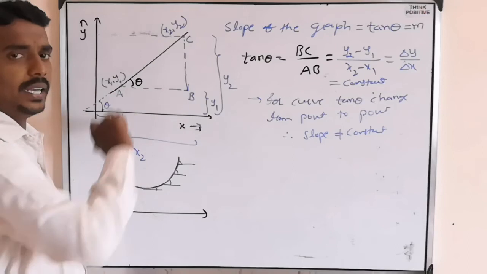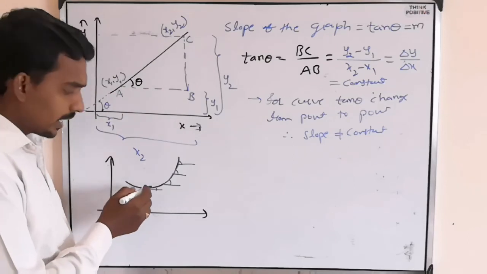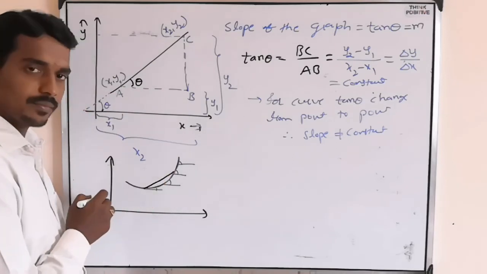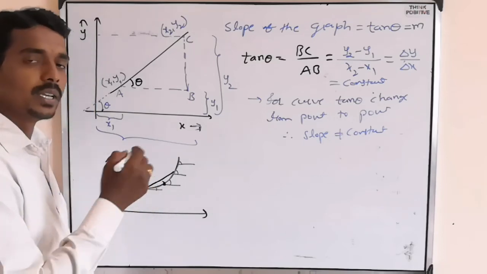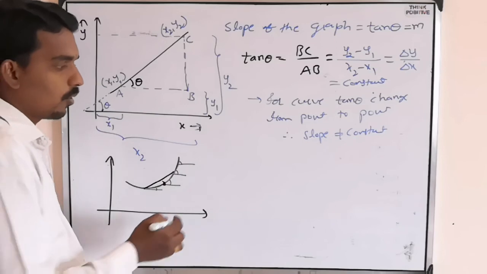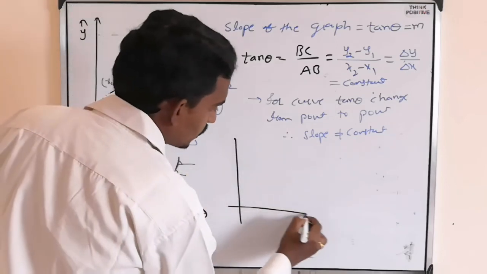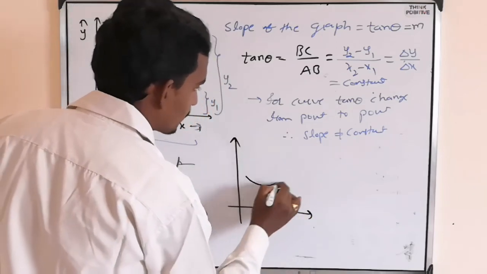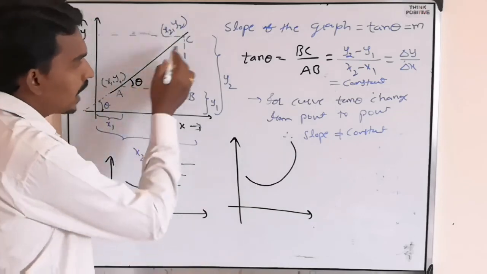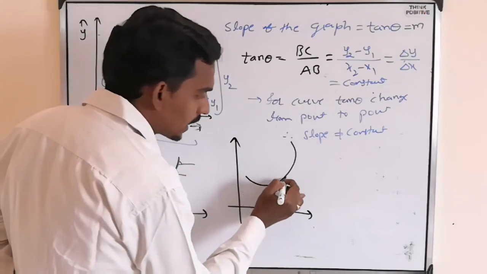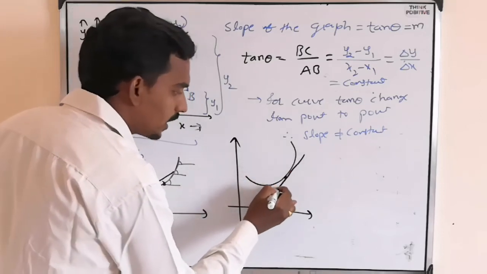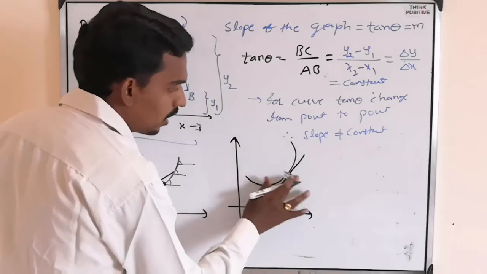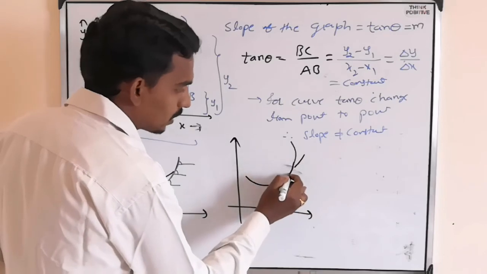Here we can take any 2 points. But here you cannot take any 2 points, so at any point the slope is different from the other point. That's why if you take a curve, instead of taking 2 points, you will take only 1 point. At that point, you will draw a tangent. You will draw a tangent at that particular point.